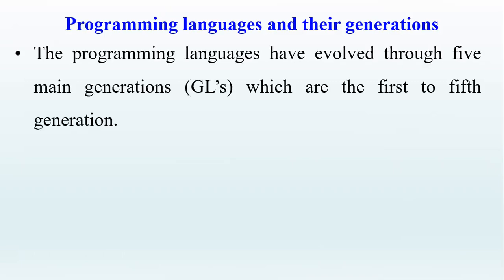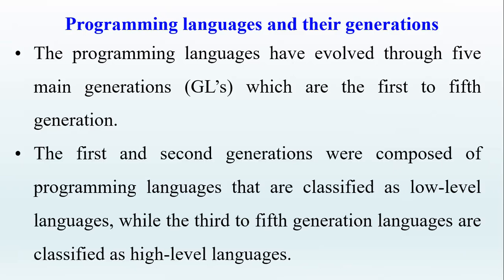The programming languages, as we have seen, have evolved through various generations and mostly 5 main generations, from the first generation to the 5th generation. The first and second generations were composed of programming languages that are classified as low-level languages, while the third to 5th generation languages are classified as high-level languages.